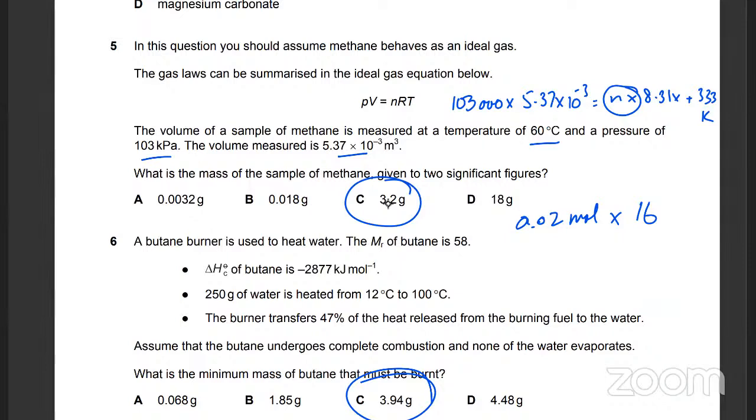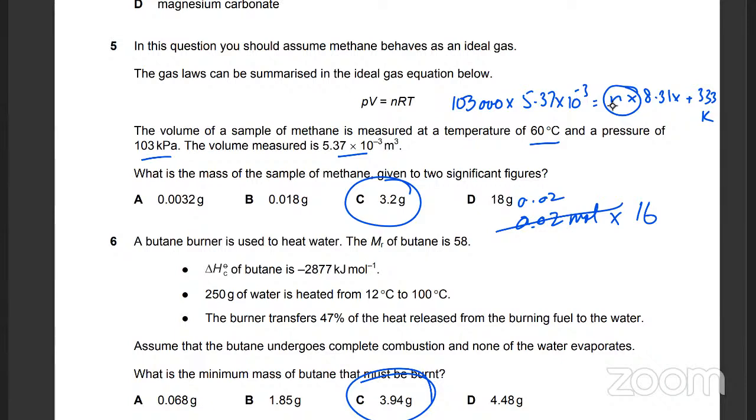But when we multiply 0.02... Sir, from where did we get 0.02 moles? I'm getting 0.2. Somebody told me you got 0.02 moles. I didn't get 0.02 moles, it's wrong. After multiplying my moles with 16, I got 3.2. The mole is 0.199, so that is 0.2, right?